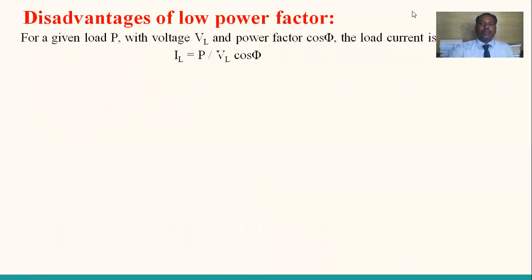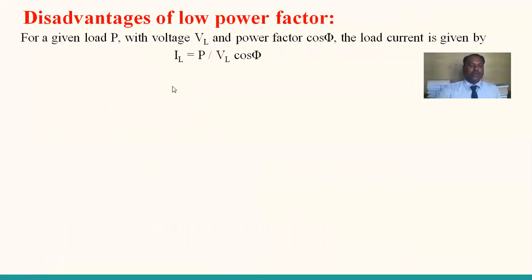For a given load with line voltage VL and power factor cos phi, the power is P = √3 VL IL cos phi, so IL = P/(√3 VL cos phi). That means cos phi is inversely proportional to the current. As the power factor is low, the load current is high.